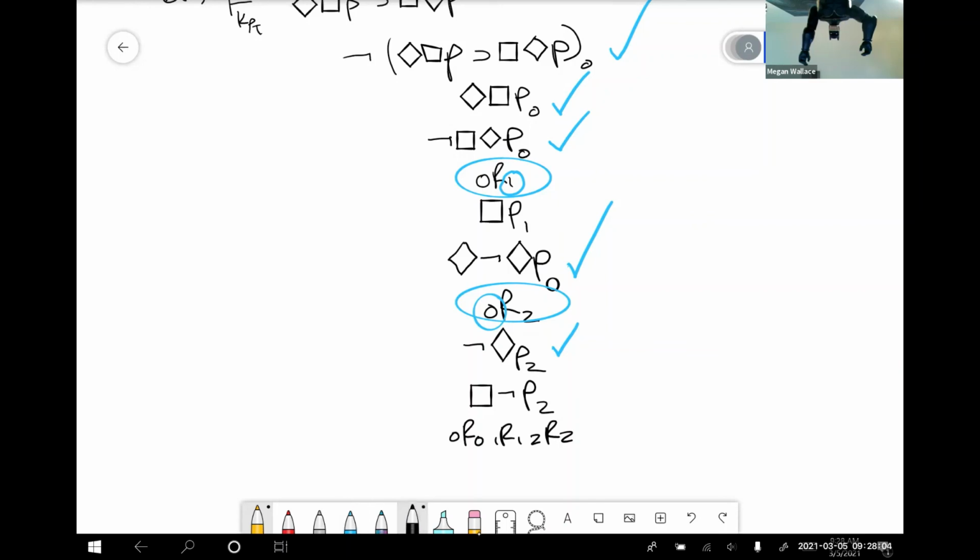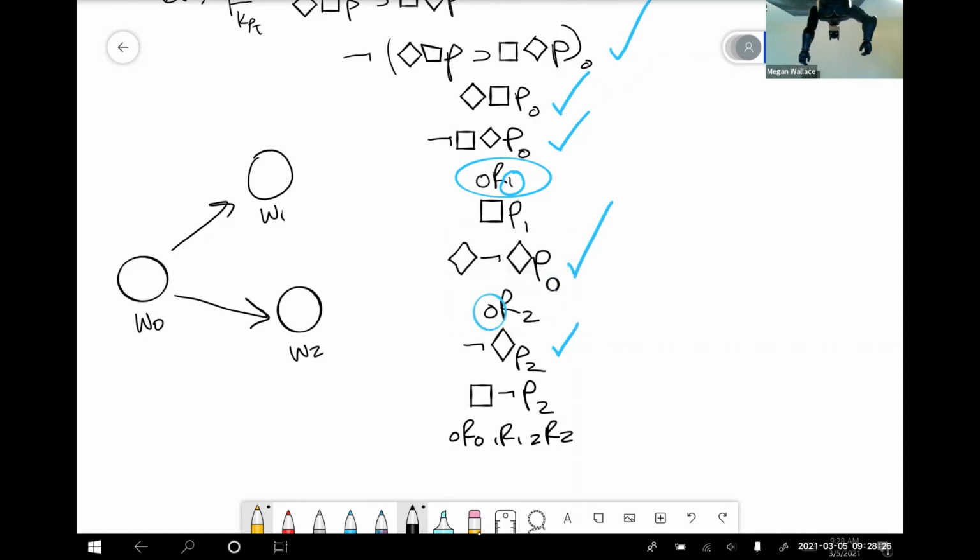Here, essentially what we've got is world 0 is related to world 1, but world 0 is also related to world 2. And that doesn't satisfy transitivity in the way that we want. It has to be a sort of chain of worlds. So transitivity doesn't even apply here.